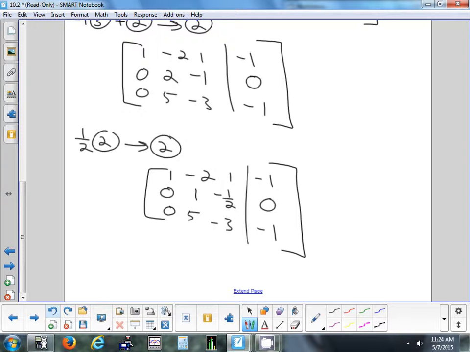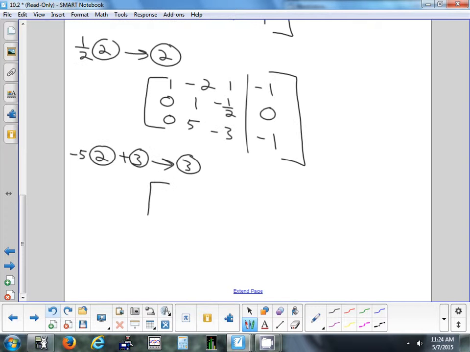Darren? Multiply the second one by -5. Take -5 times the second row, and do what with it? Add it to the third row. And that's going to replace what's in the third row right now. So again, rows 1 and 2 don't change.